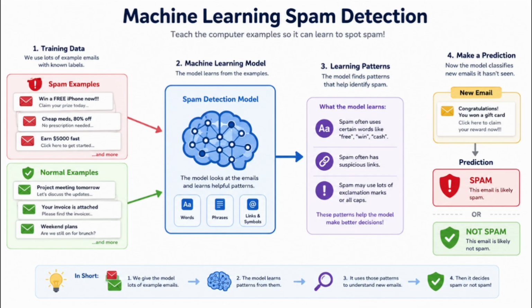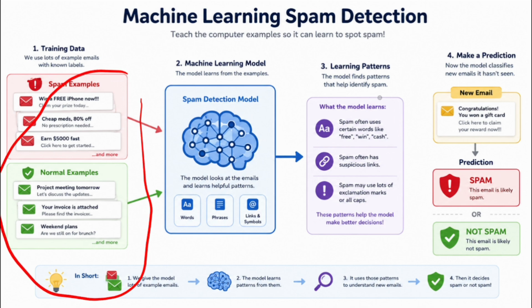Now moving forward, we can look at an example as explained here: spam and normal email examples entering a machine learning model. On the left side we have training examples. On the right side we have the patterns, and based on that we will make predictions. Some emails are clearly marked as spam, as you can check here.